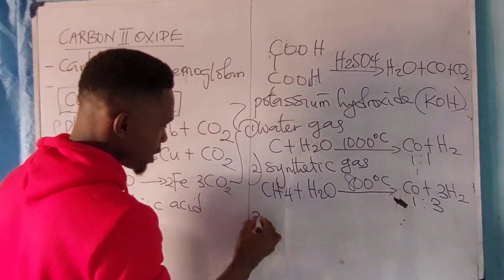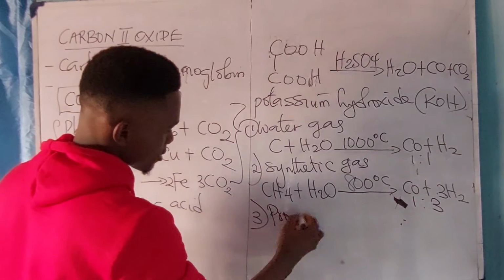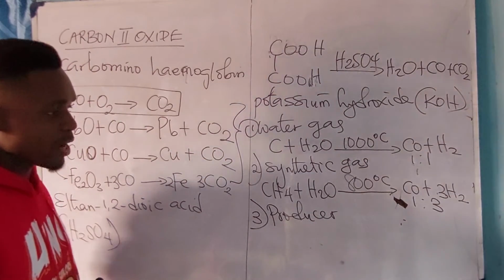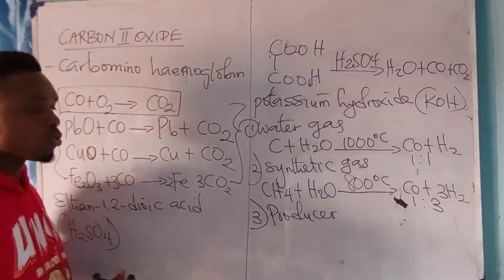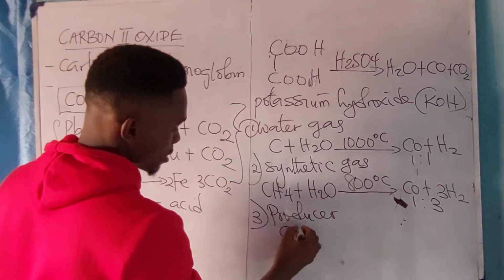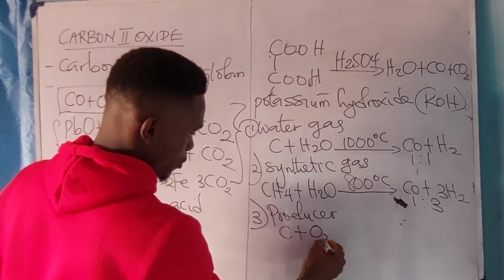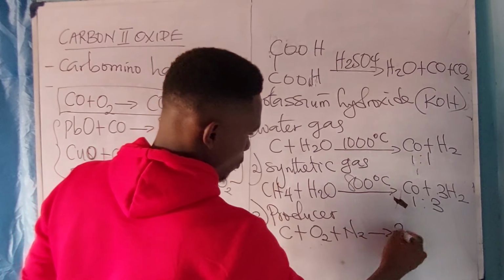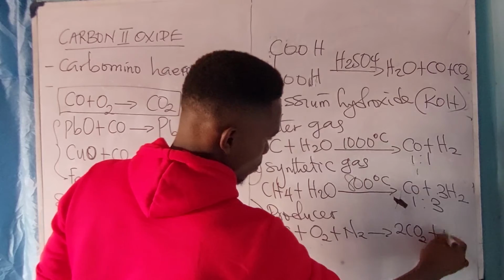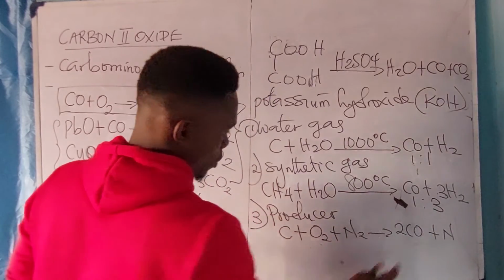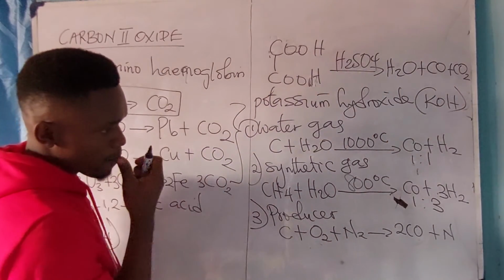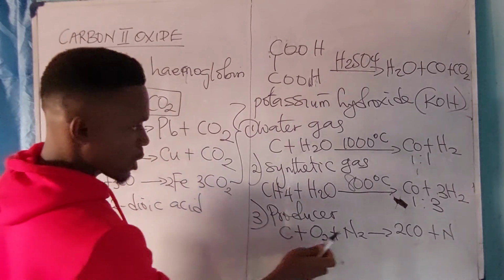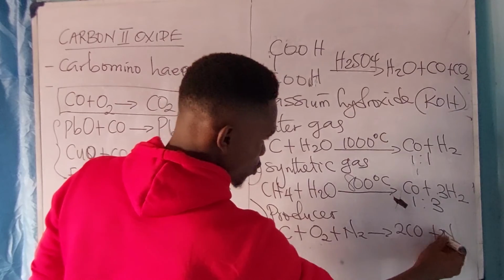Now, the last one is the producer gas. The producer gas is formed when coke reacts with air plus nitrogen to produce. So which means how many moles of hydrogen? One carbon, okay, you can put 2 moles here.